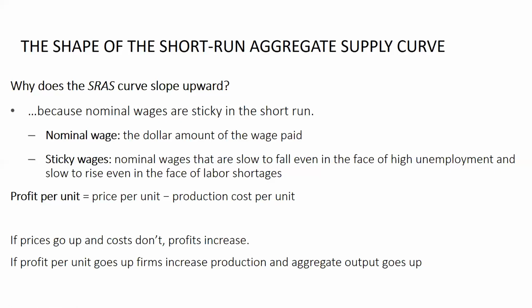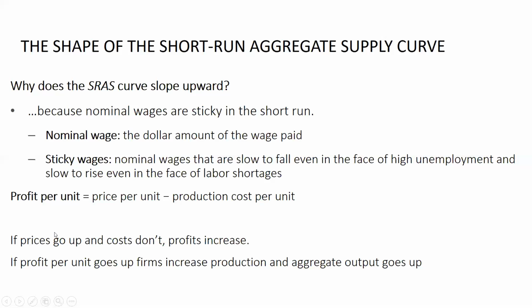And so if prices go up, as we're saying, why does the short run aggregate supply curve slope upward? Well, let's think about what happens when prices go up. When prices go up, this term here is going up, the price per unit, but the cost you're paying to your workers does not, because wages that you have to pay are fixed.